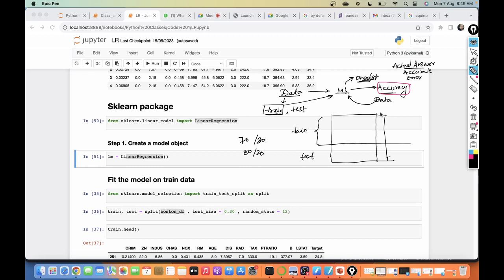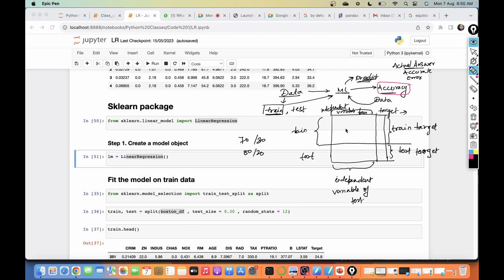Including the target, right? So this target will be the train target, and this is known as the test target, and the rest of the values will be your independent variable of test, and this is basically your independent variable of train.